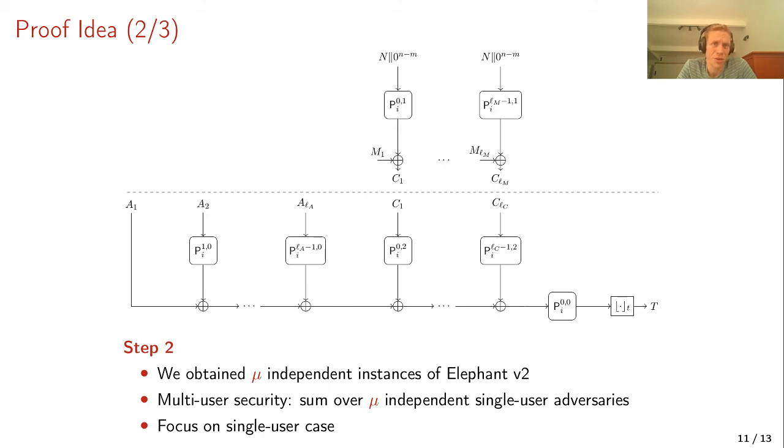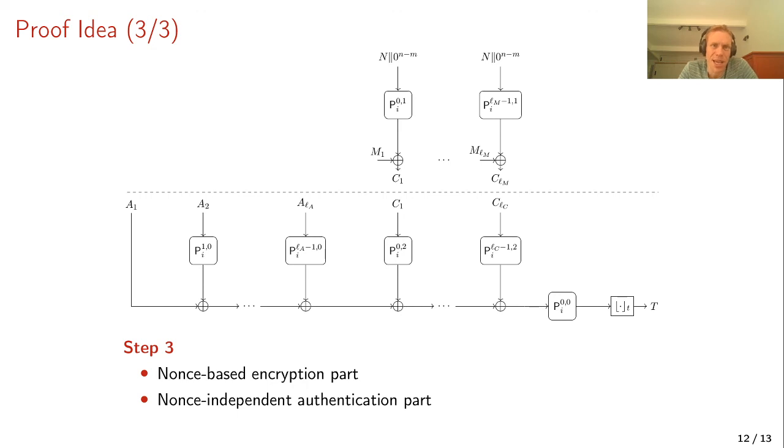So far so good. We could technically then maybe rely on the existing proof, but the difference now is that we moved this building block here to the end. So we have a different authenticator. So we have to redo the proof of the Elephant v2 mode here. But the basic idea is the same, that we have encryption, which is nonce based.